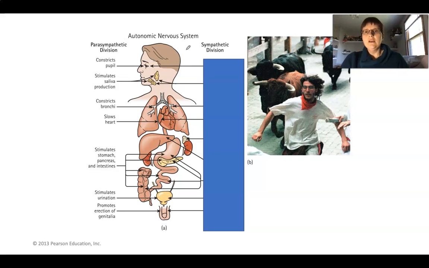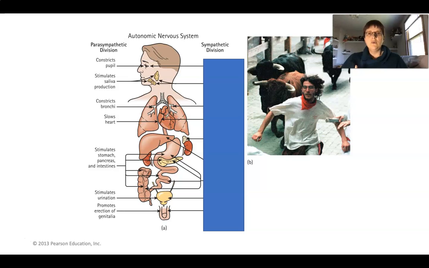So here is the autonomic nervous system for a bunch of different organs and organ systems. So parasympathetic division, this is what's normally going on. For the autonomic nervous system, your pupils are going to be constricted. They're going to be normal size. You're going to have normal saliva production. Your bronchi, so these are in your lungs, are going to be constricted. They're going to be normal size.